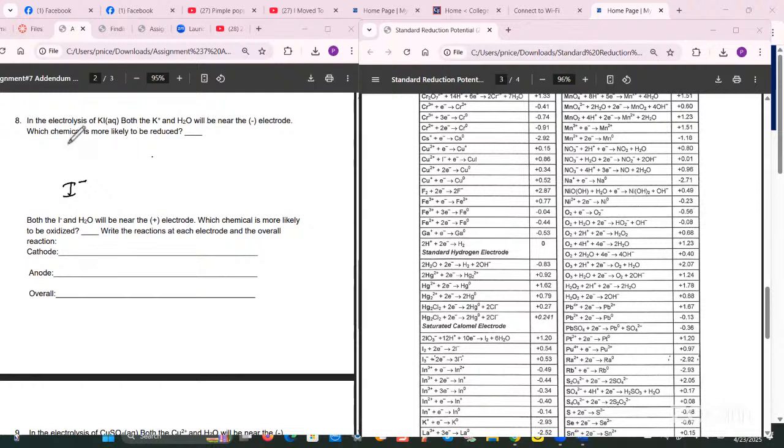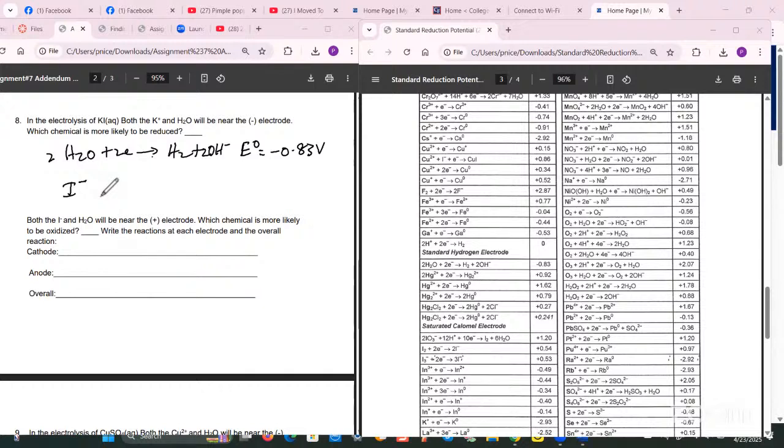So the reduction equation is H2O plus 2 electrons to form H2 plus OH minus. So that would be 2, and that's it. And the EMF value of that was minus 0.83. Hold on, I think I probably did the wrong thing. Let me do this one first and then go back to what I think the error I made was in the earlier question. Sorry about that.